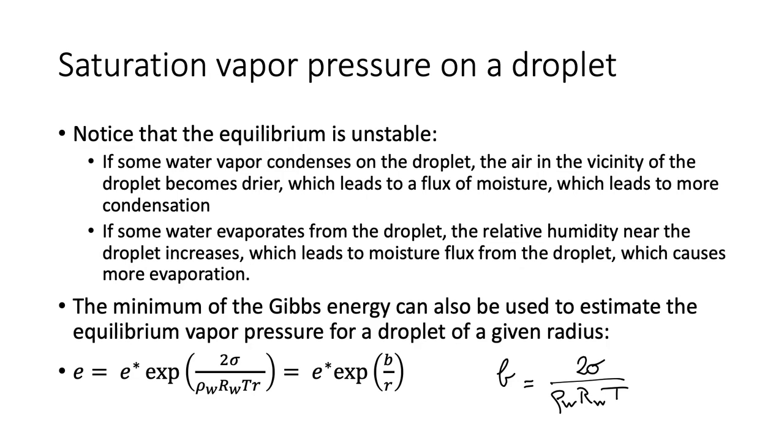Excellent. Okay, so at equilibrium, we can either find the radius, which is the critical radius, or we can also find the vapor pressure on the droplet.